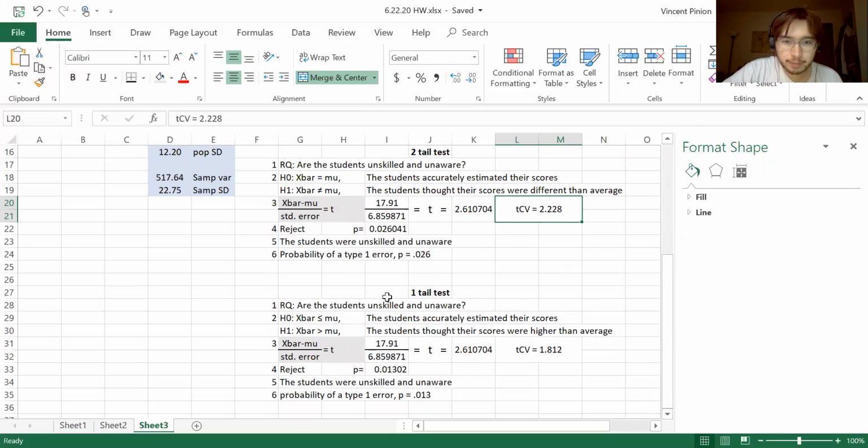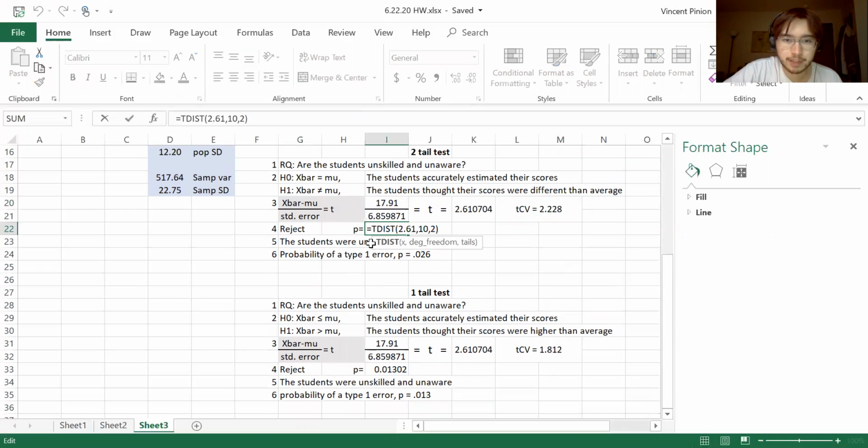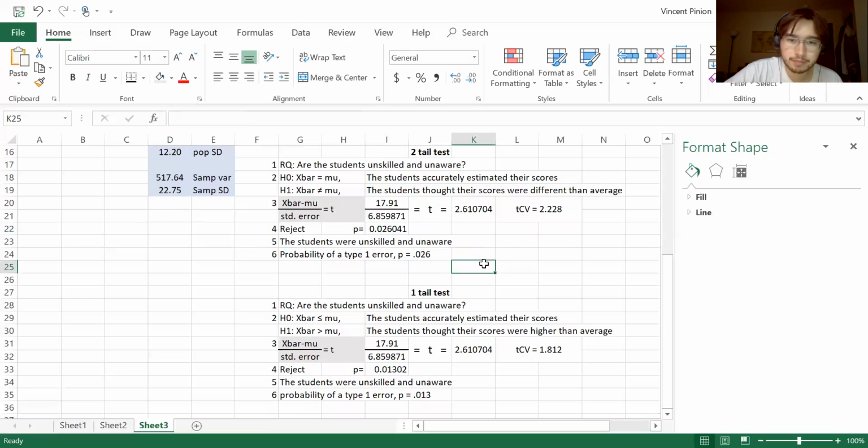And then we get our p-value, and the p-value is the t-dist formula. We put our t-value right here that we got, 2.61, our degrees of freedom, 11 minus 1 is 10, and then our tails, this is a two-tail test, so we put 2. So that's our probability using a two-tail test.